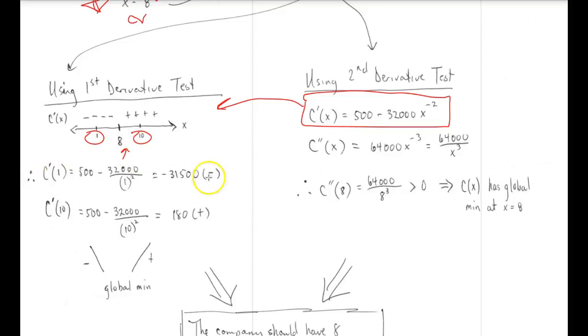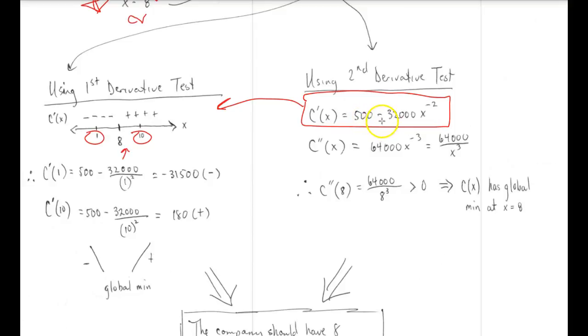And I see that the rate of change of cost is negative when production run is 1, and when the number of production runs is 10, I see that the rate of change of cost is positive. So that tells me I went from cost decreasing to increasing, so I have a global min. And so this verifies that x equals 8 is indeed a global minimum, and thus at 8 production runs, we're going to minimize cost.